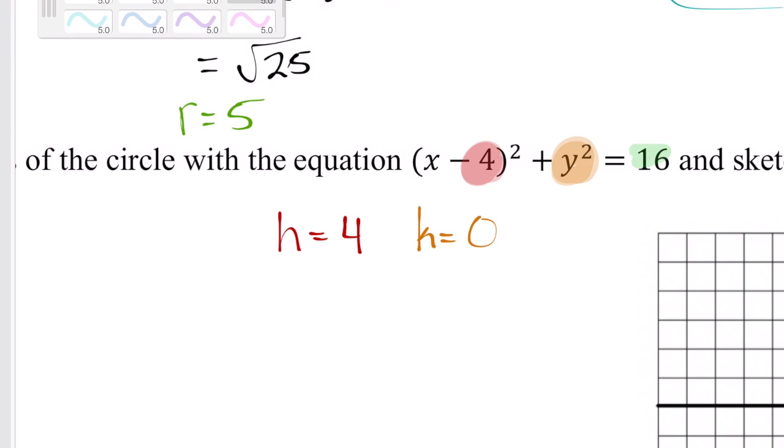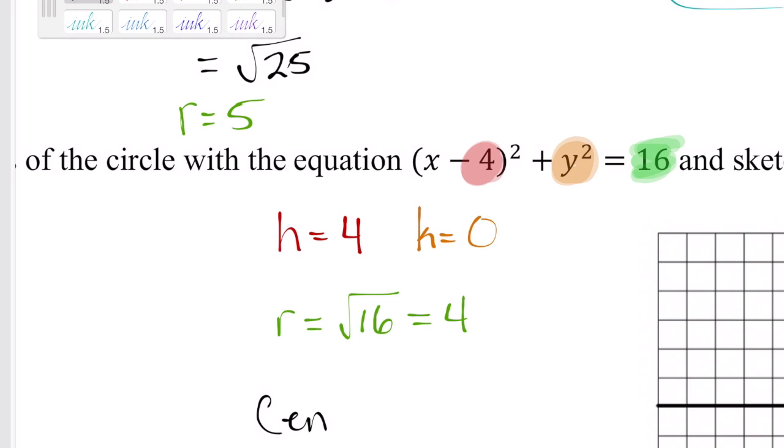And then my r, I will find using the 16. Remember that 16 is r squared. So I'm taking the square root of 16, and my radius is going to be 4. So my center is at 4, 0.